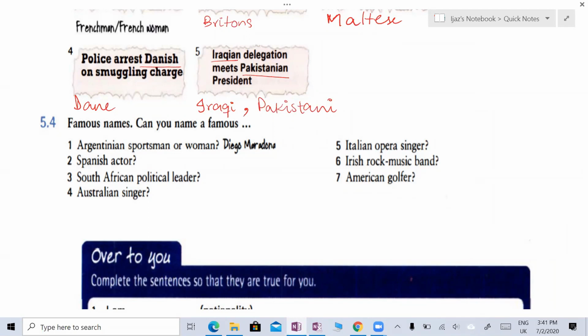A world famous football player, and his name is Diego Maradona. If you want to know more about it, you can just Google it in your free time. You will learn. But if you know something about football or you love football, you will surely be familiar with this name. Okay, next one is number 2. Any Spanish actor, meaning any actor who is Spanish.